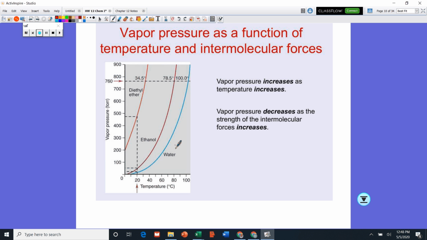All right. Water is a molecule that looks like this. It has hydrogen bonding, which is very strong IMF.